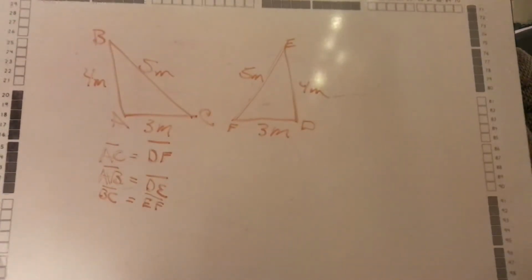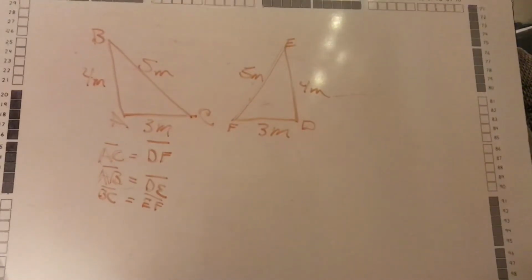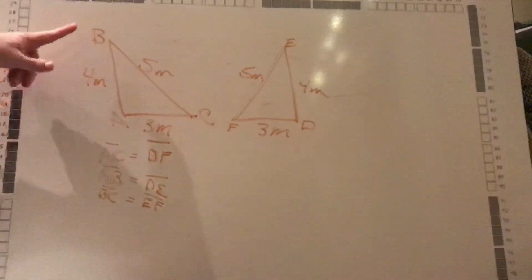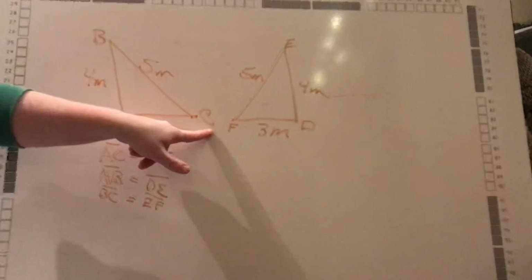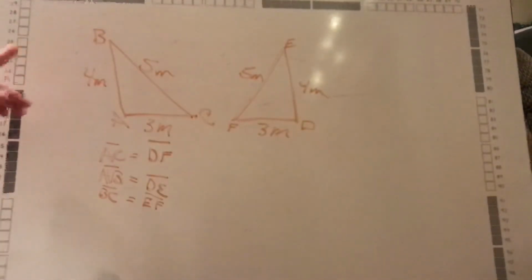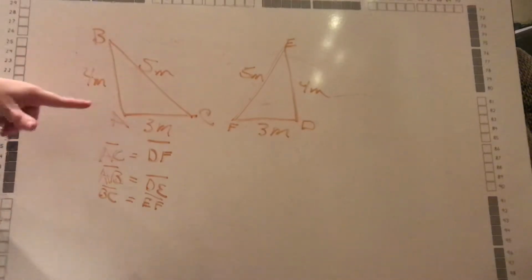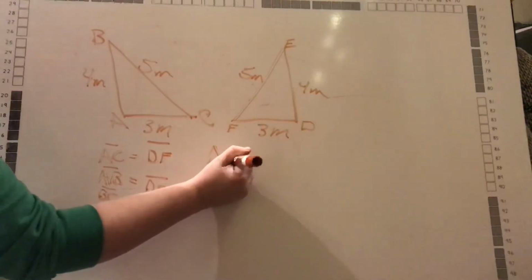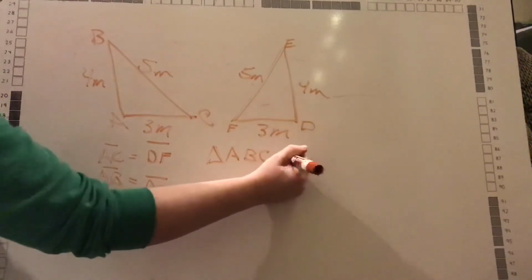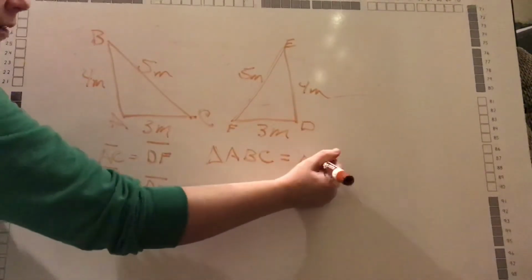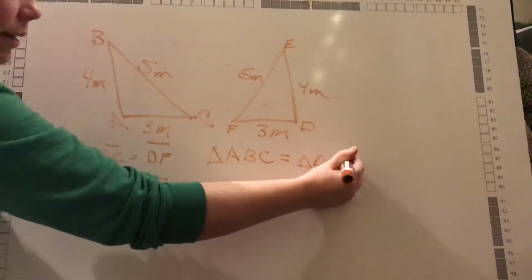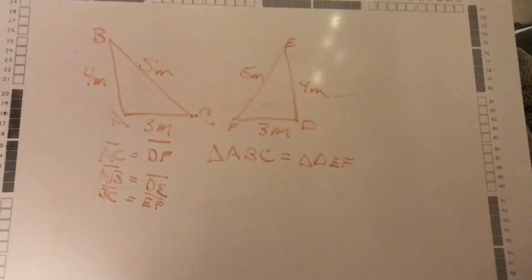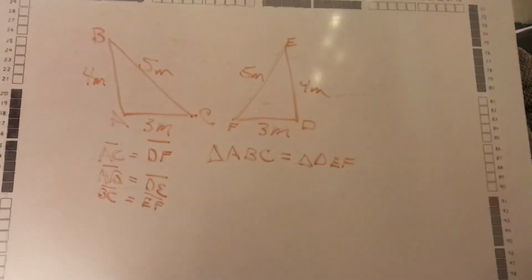So we can use a rule called the side-side-side rule, SSS rule, that ABC is congruent to DEF. You do need to write the letters in the same order of the congruency. So triangle ABC is congruent to triangle DEF. They will fit exactly on top of each other.